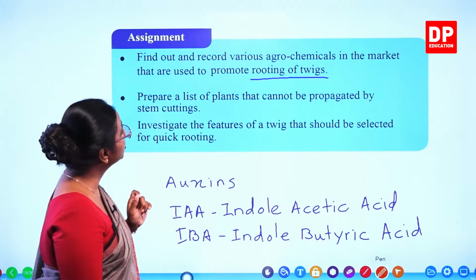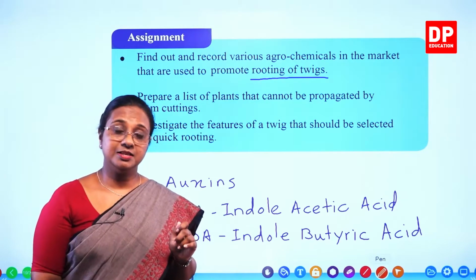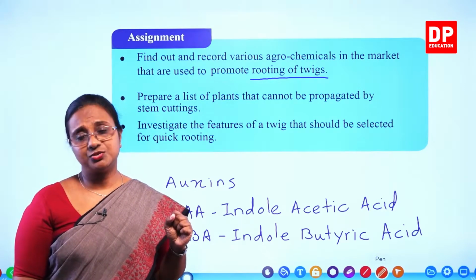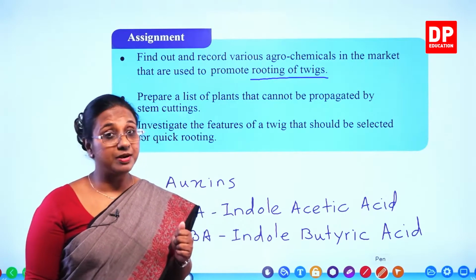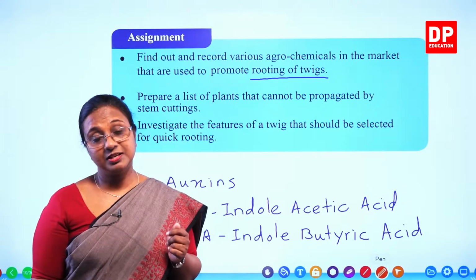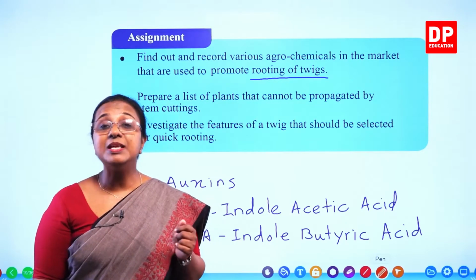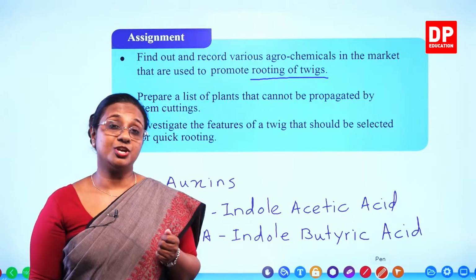Then prepare a list of plants that cannot be propagated by stem cuttings. That also you all can think, students. Some of the plants that we discussed under vegetative reproduction, that is the natural vegetative reproduction method, and some that we will be discussing after this under sexual reproduction of plants.